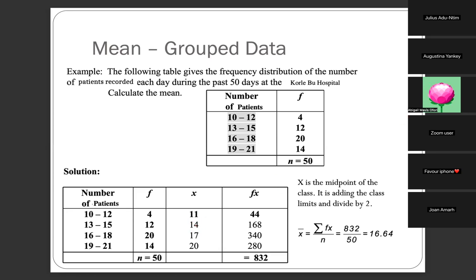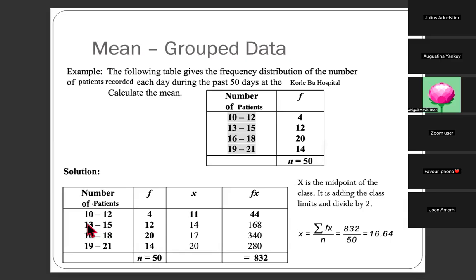But here, we want to find the mean of the number of patients per day. So the first thing is for us to find the class midpoint. The class midpoint is this lower value plus this higher value, giving us 22 divided by 2, which gives us 11.